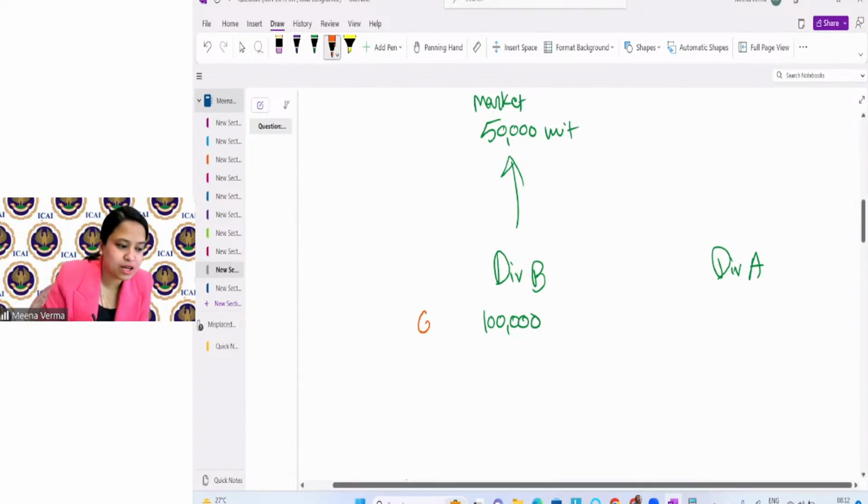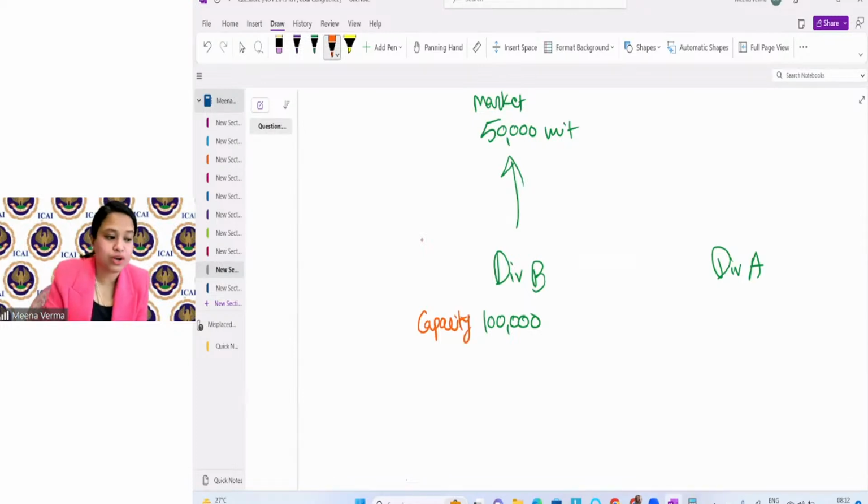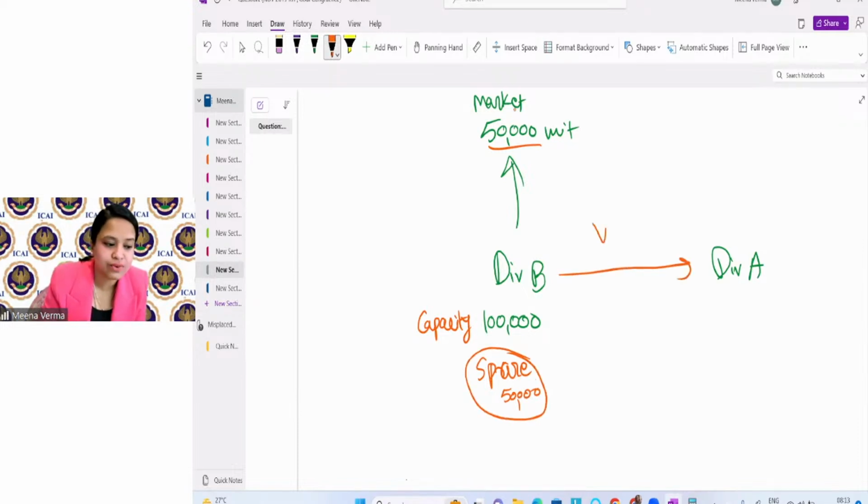If the external market is only for 50,000 units, then for the internal division they have a spare capacity of the remaining 50,000 units. So when they have this spare capacity, they can transfer these 50,000 units internally at variable cost.